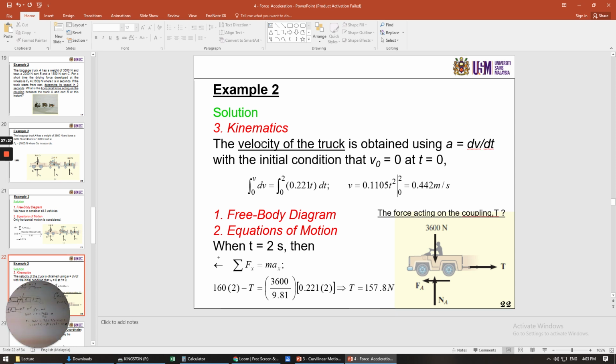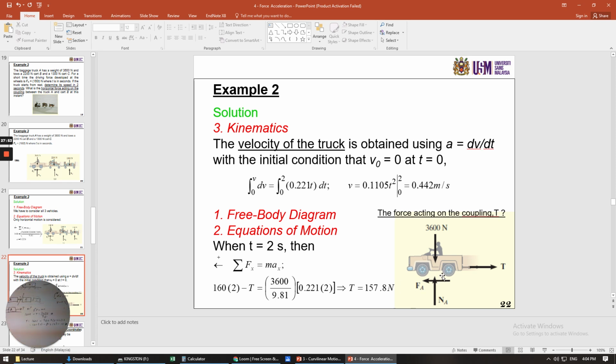Using kinematics, we should be able to find the velocity. We integrate that and substitute t equals 2, and we get 0.442 meters per second. To find the tension, we use Fx equals ma as well.